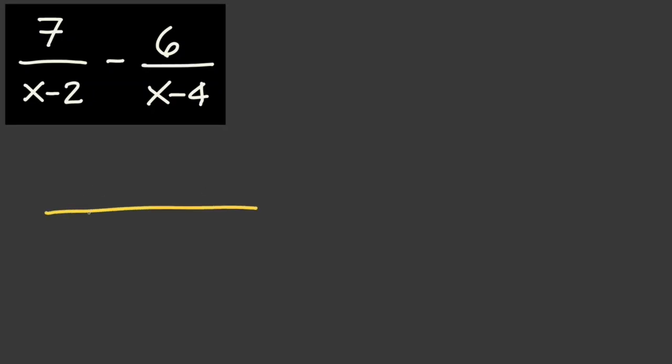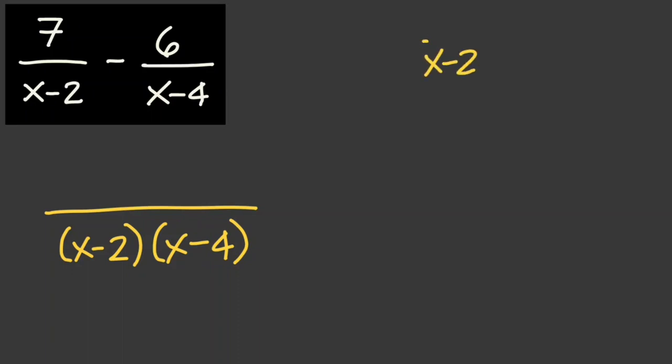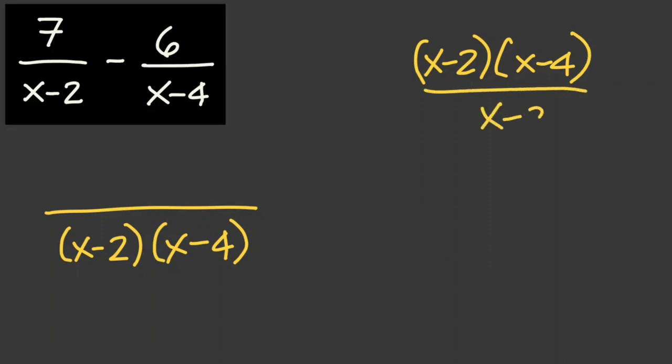We multiply x minus 2 and x minus 4, so this is our LCD. Then we divide it by x minus 2. That is x minus 2 times x minus 4 divided by x minus 2. The x minus 2 cancels out, so we are left with x minus 4.